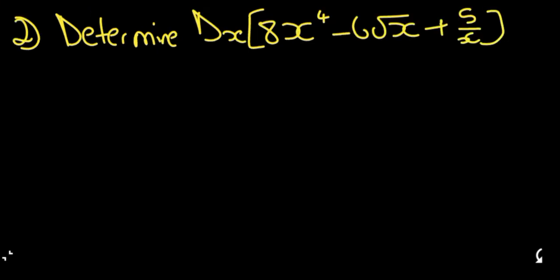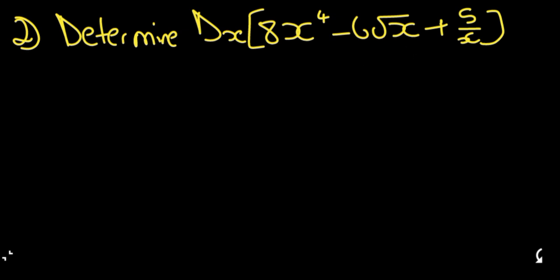Now on number 2, determine d/dx of 8x to the power of 4 minus 6 square root of x plus 5, all over x. What I like to do when I get questions like this is, if I'm given square roots, I change the square roots into exponential form.